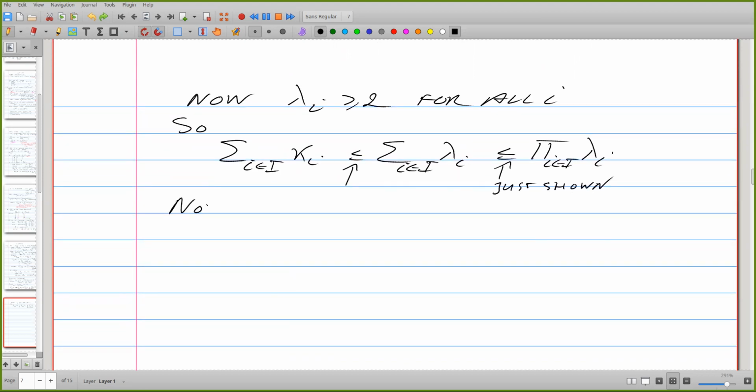Now, strict inequality, how do we get that?